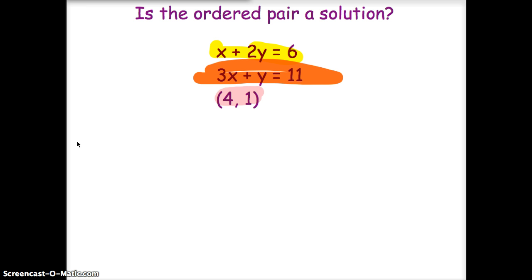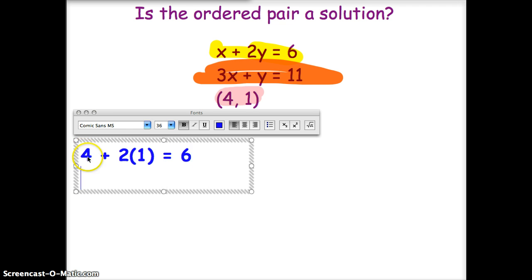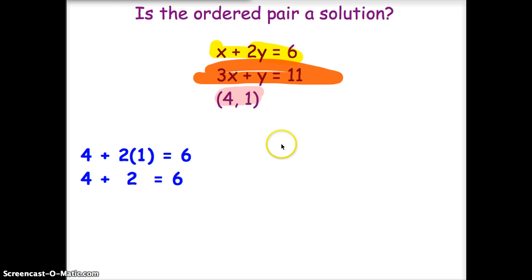For the first equation, that's 4 plus 2 times 1. We want to know, does that in fact equal 6? So let's see. 2 times 1 is 2, so that's 4 plus 2, which does in fact equal 6. So the ordered pair works for the first equation.